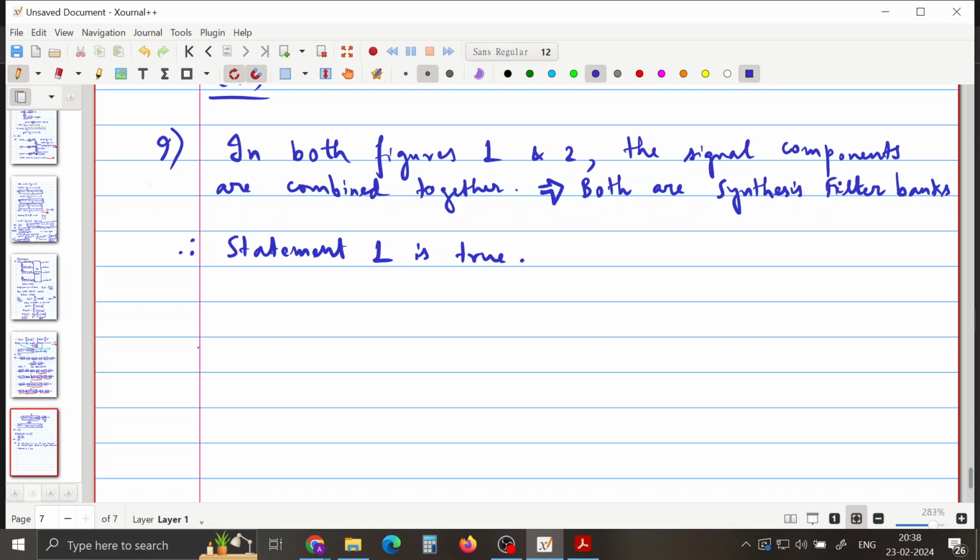And now regarding statement 2, we saw that that's not correct, because the reverse is true.